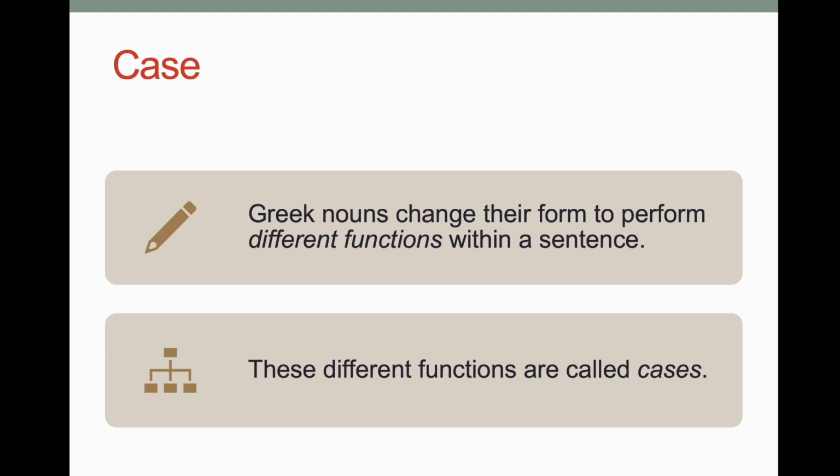Greek nouns have case. Now, what is case? Well, Greek nouns change their form with respect to an ending that goes on the end of the noun stem to fulfill different functions within a sentence. And these different functions are called cases.